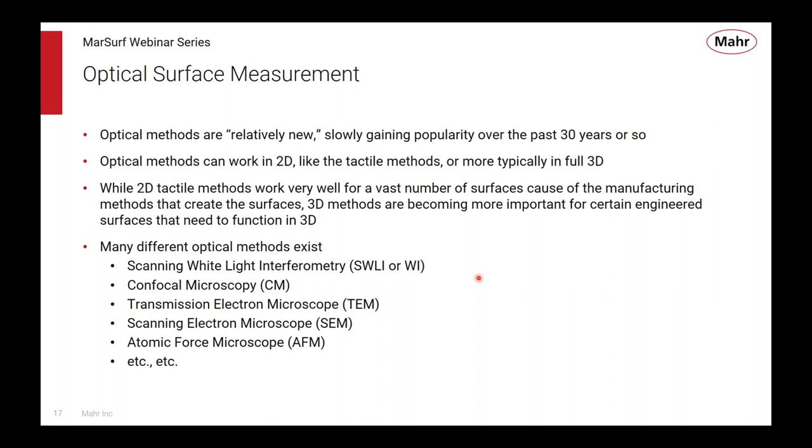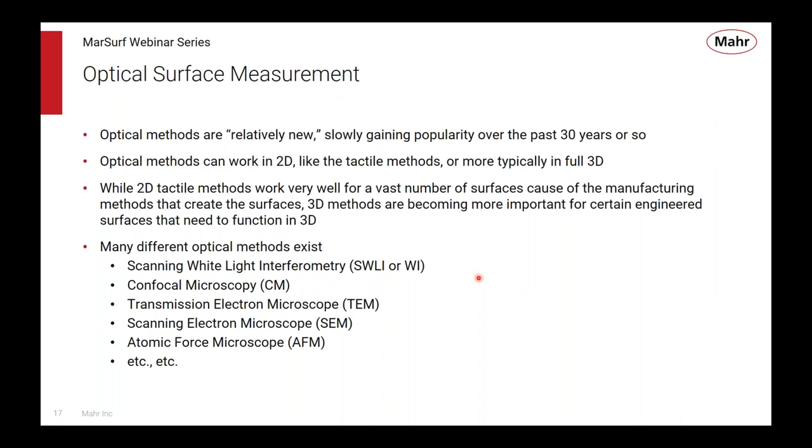So optical methods can work in 2D like the tactile methods, but more typically they work in 3D. It's one of the advantages. The typical tactile 2D methods work well for a lot of surfaces, partially because the manufacturing methods that create those surfaces allow them to work well.